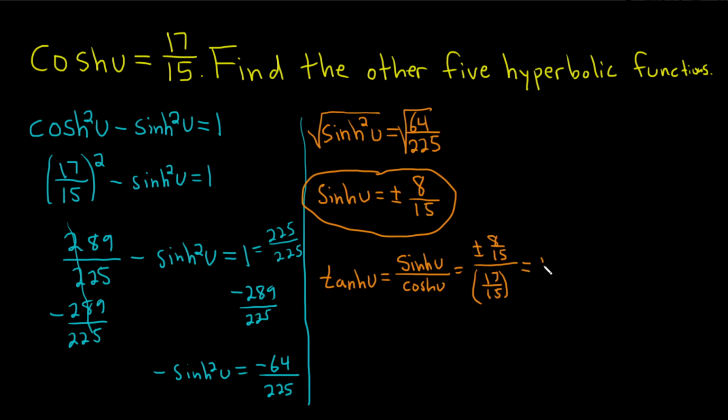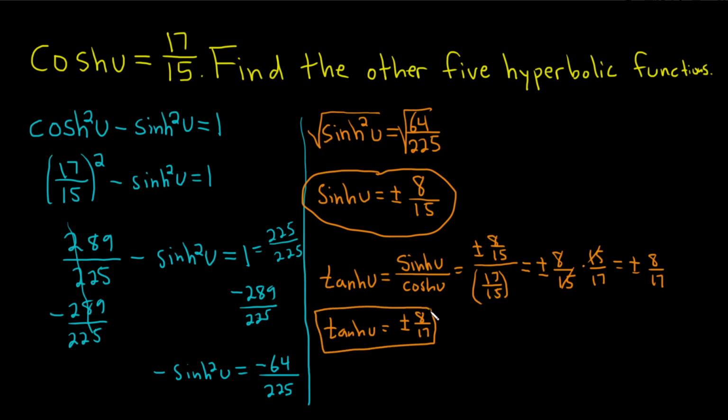So this is plus or minus 8 over 15 times 15 over 17. So these cancel, and you get plus or minus 8 over 17. So the hyperbolic tangent of u also has a plus or minus: plus or minus 8 over 17. Okay, so that's that one.